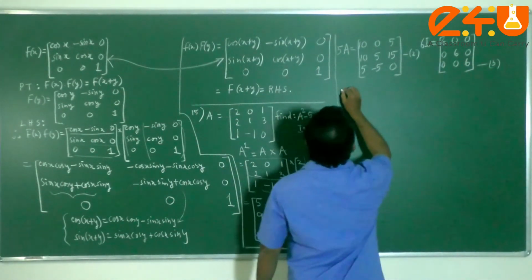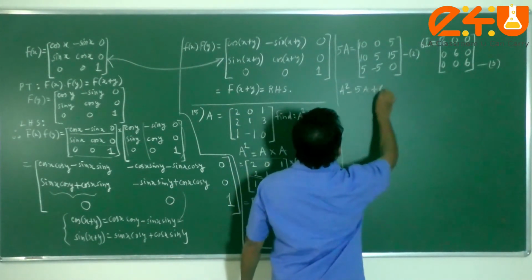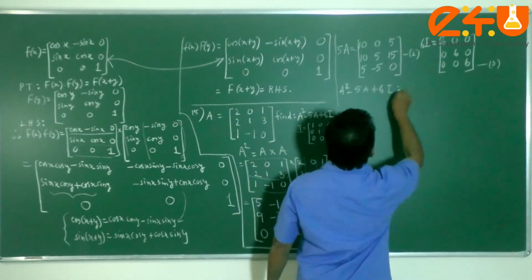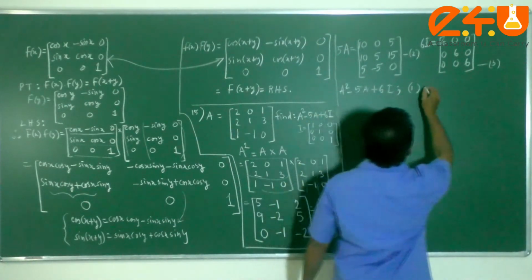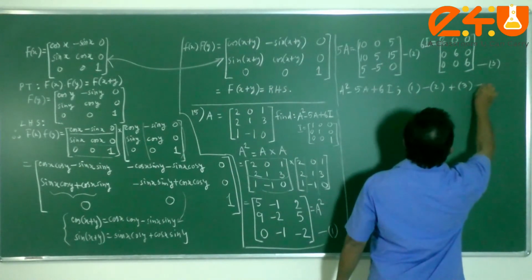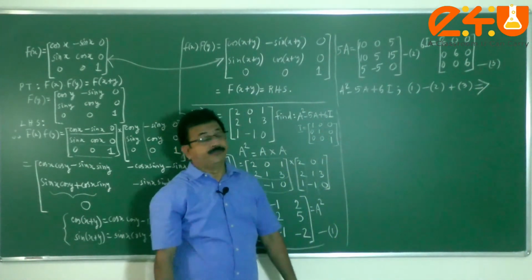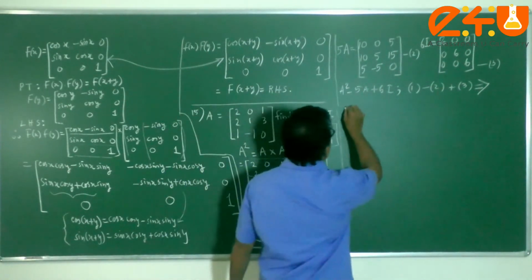Now A squared minus 5A plus 6I, which means you have to take up result 1, subtract result 2, add result 3, and let us check out what it gives.